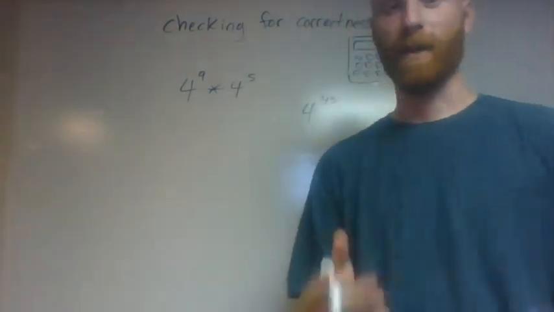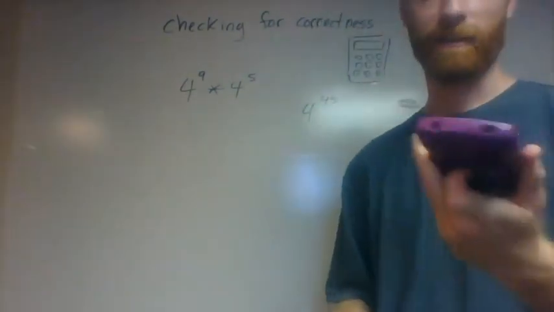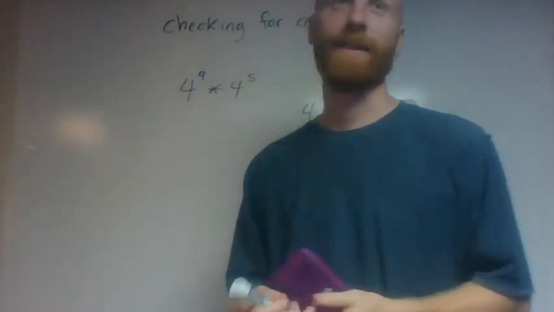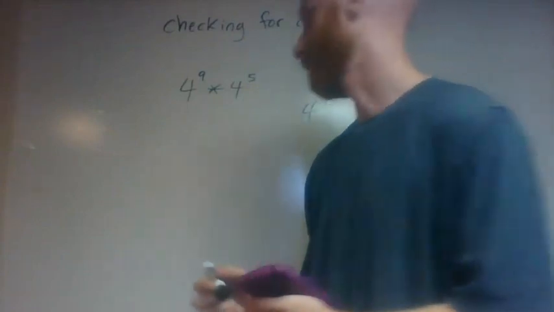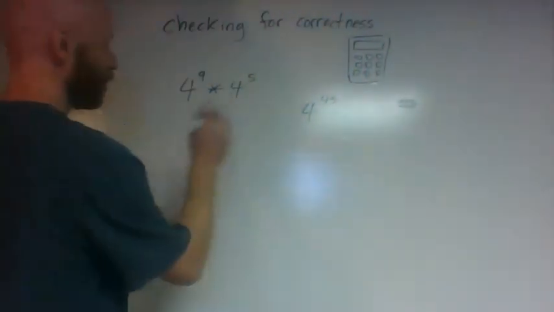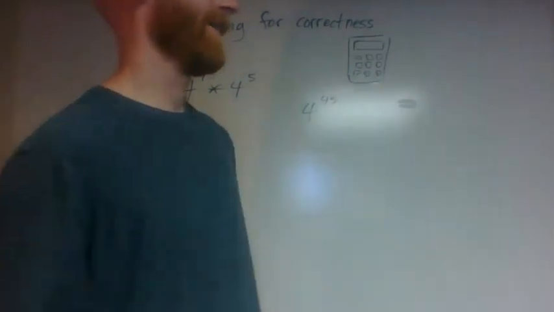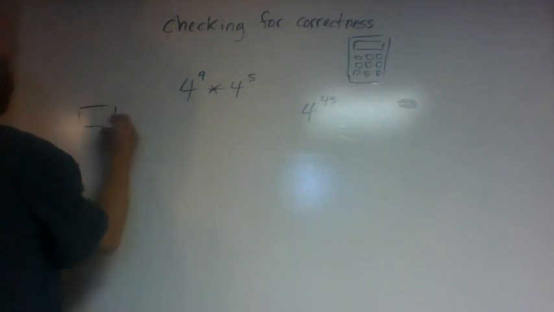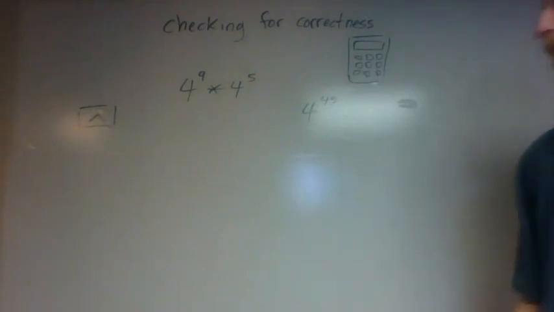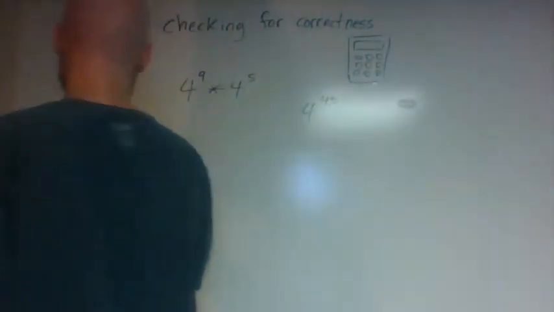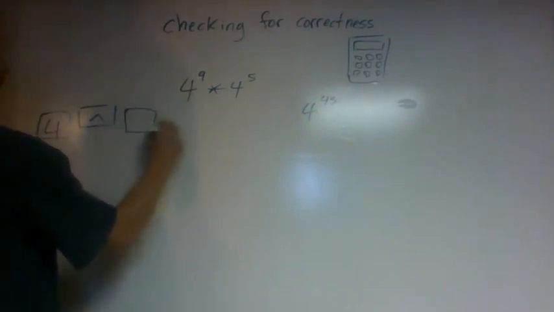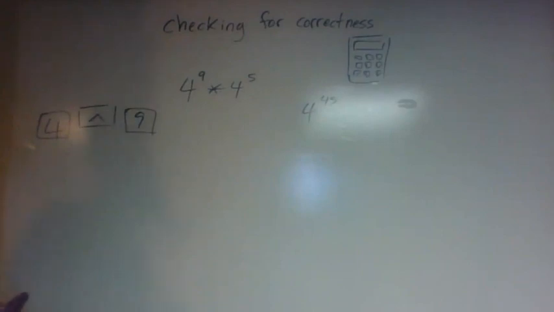Most upper level calculators that you'll use, so this is a Casio graphing calculator, TI graphing calculator, the scientific calculators that I have in my classrooms, most of them, when you want to put in exponents, you use a button that's got a little up arrow to input your exponents. So I would be pressing 4 up arrow 9 to represent 4 to the 9th power.